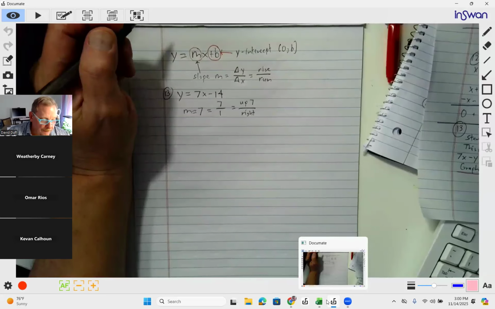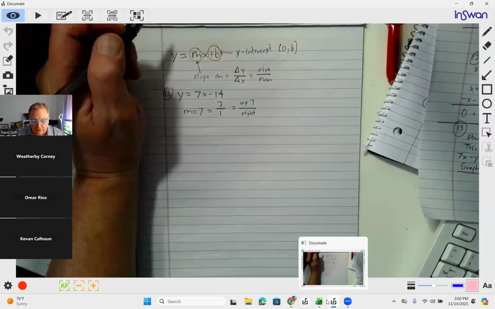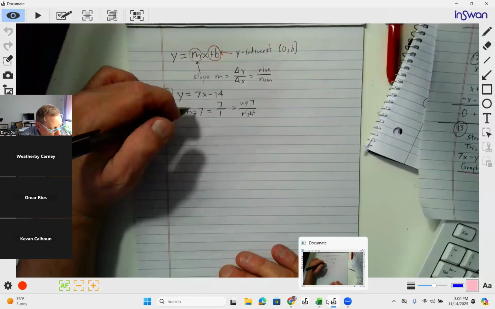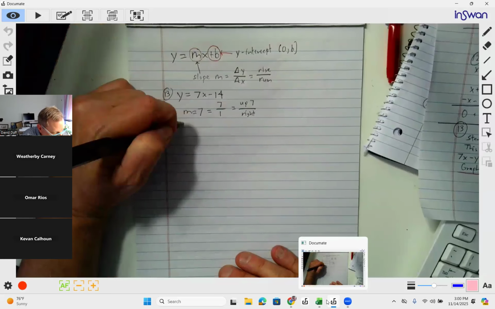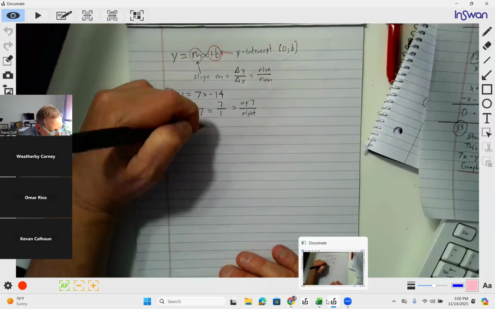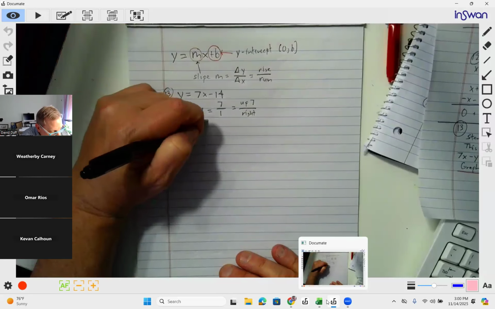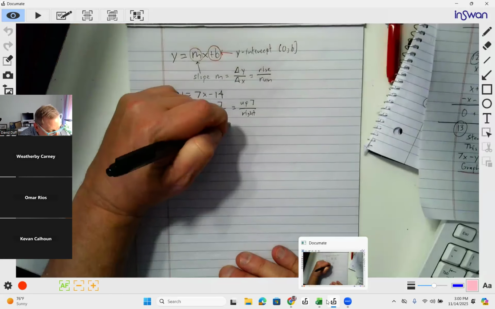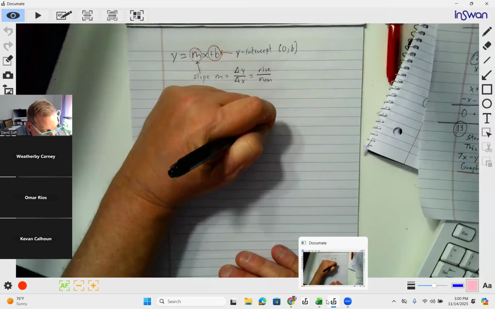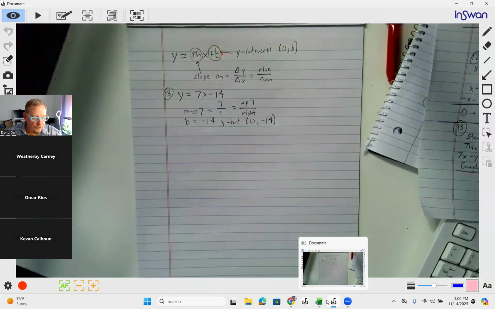So if we have 1 point and a slope, we can graph something. What is my y-intercept? Negative 14. So my y-intercept is the point 0, negative 14. That's all that we need to graph this equation.